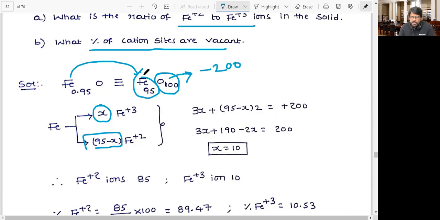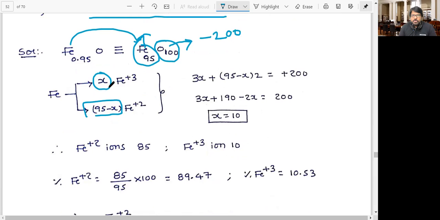Now, the total positive charge of these 95 irons must be +200. So X into 3 plus (95 minus X) into 2, the total ferric ion charge plus ferrous ion charge, is equal to +200. And from this, you are going to get X value 10.